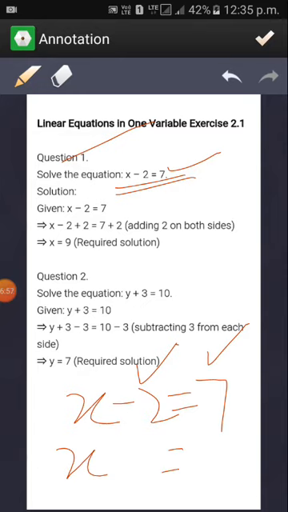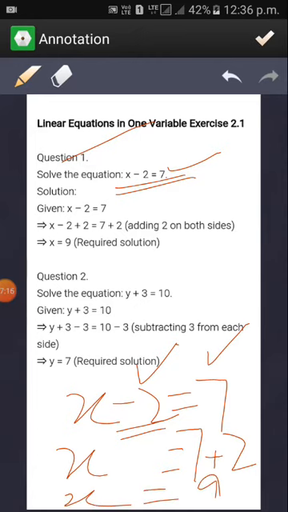In between is the equality sign. Here I have 7. I have shifted this minus 2 to the right hand side. So here it was minus 2. When I shift it to the right hand side, it will become plus 2. Now x will be equal to 7 plus 2, which is 9. So the value of x is 9.